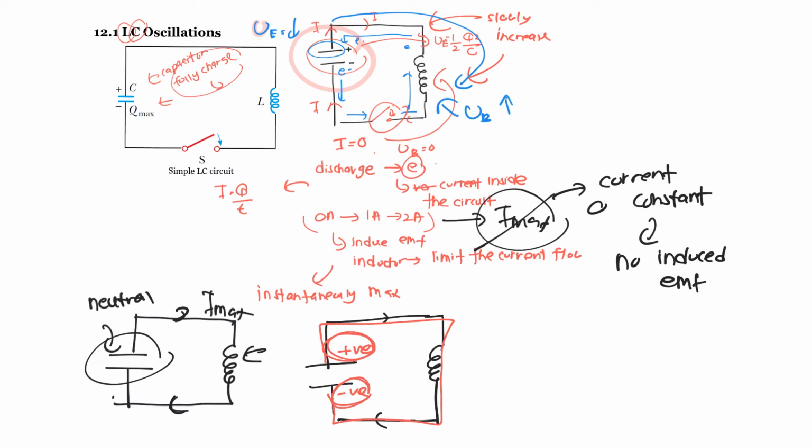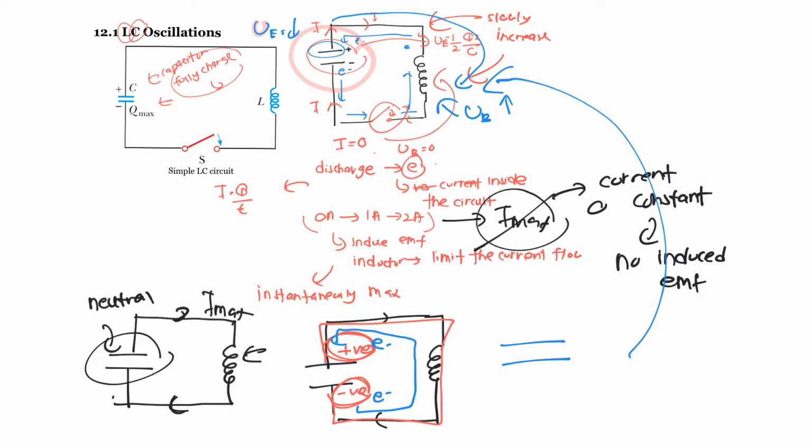So the electrons are going to start to charge back the capacitor. The electrons are going to move in this direction, so the polarity of the capacitor is going to be opposite to the original one.